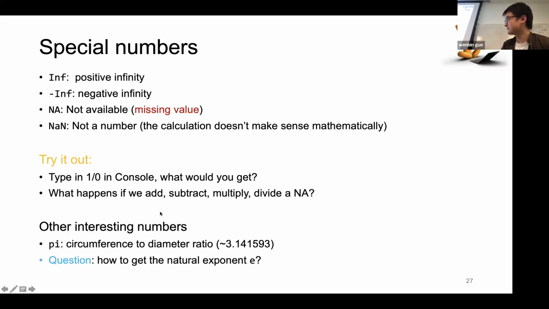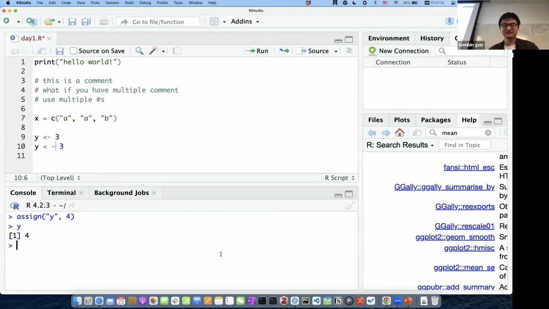There are also some other interesting numbers you can directly access from R, like pi, which is a value around 3.14. You can just type in pi and it will give you the constant. If you want the natural constant e, it doesn't really work to just type in e.